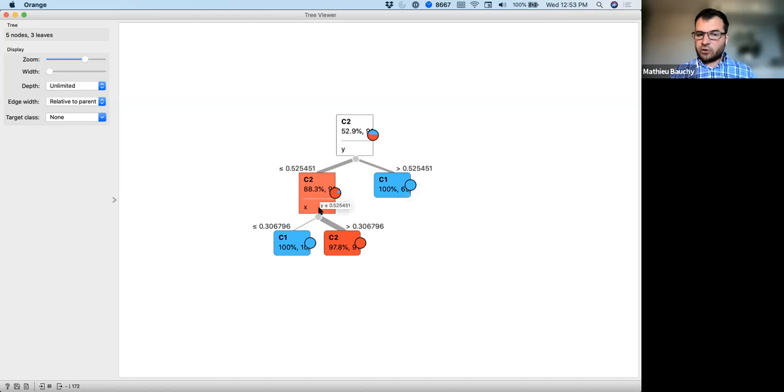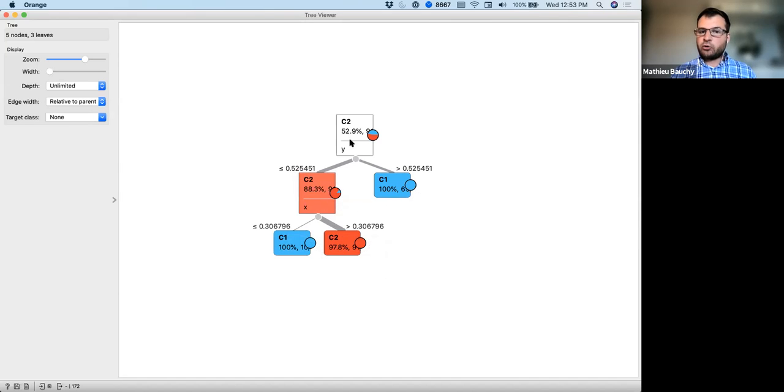Then there is a second branch: when it's lower than 52, it's going to look further at the value of x. If x is lower than 30%, it's going to think it's blue. And if x is larger than 30%, it's going to think it's red. So this is what the tree is learning in this case.